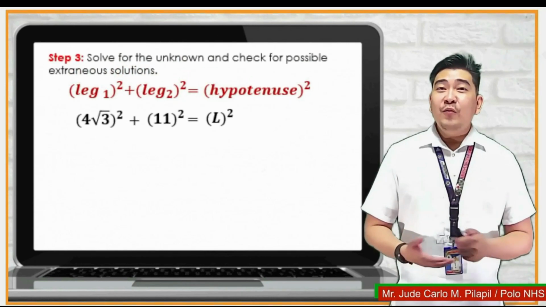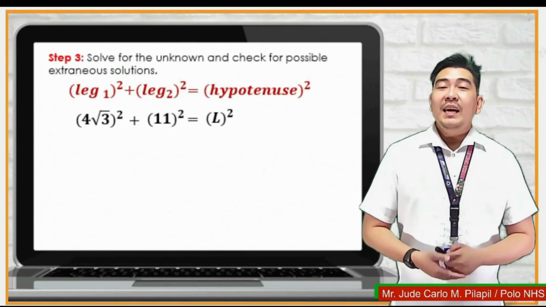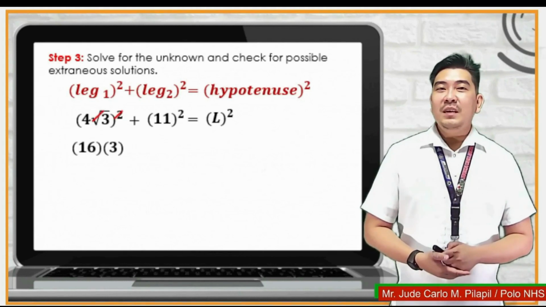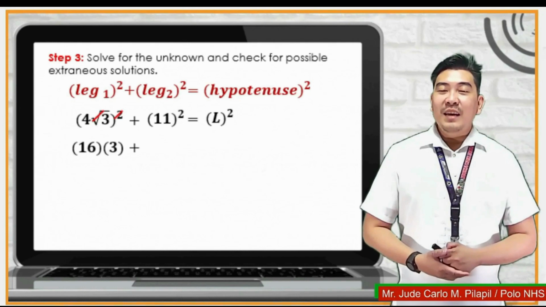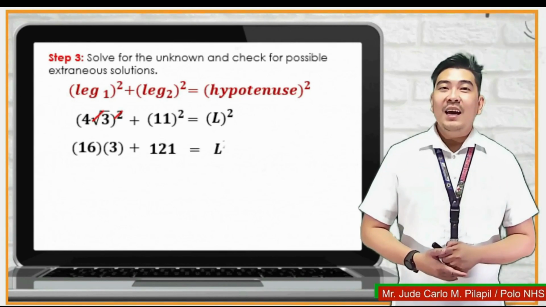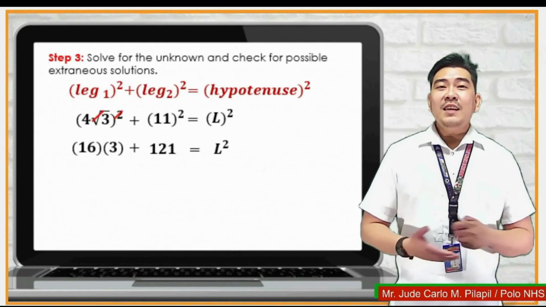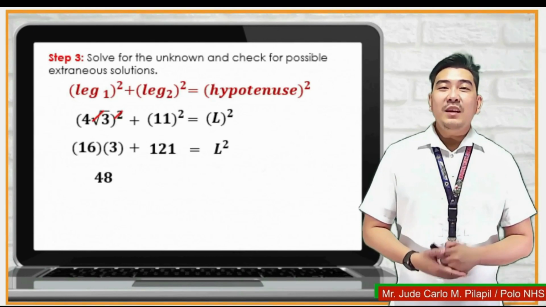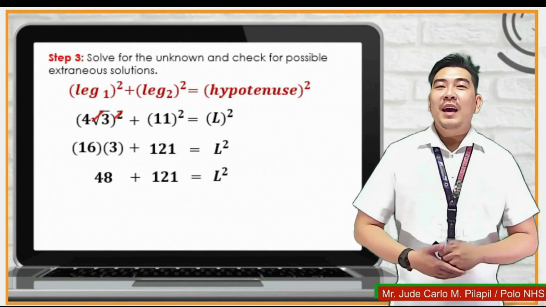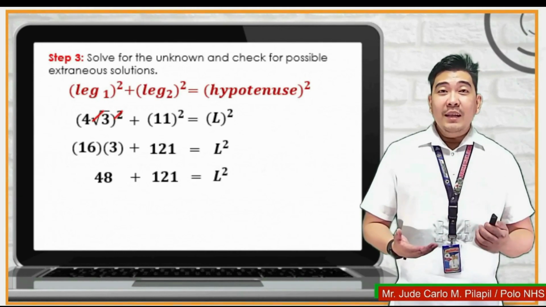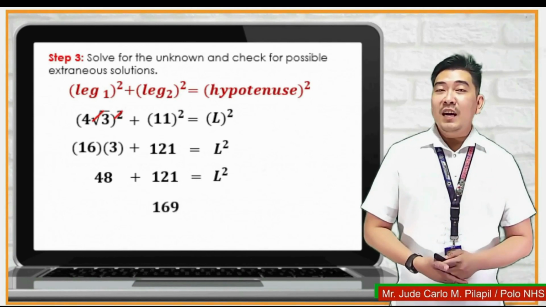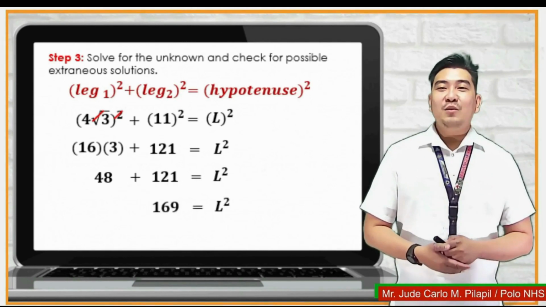By squaring 4 square root of 3, it will now be equal to 16 times 3. 11 squared is 121, equals L squared. 16 times 3 is 48, plus 121 is equal to L squared. 48 plus 121 is 169, equals L squared.